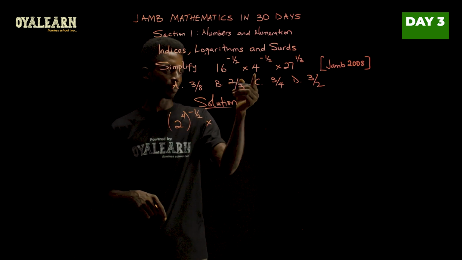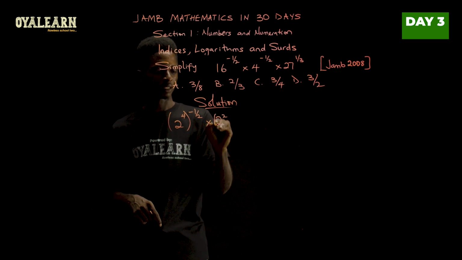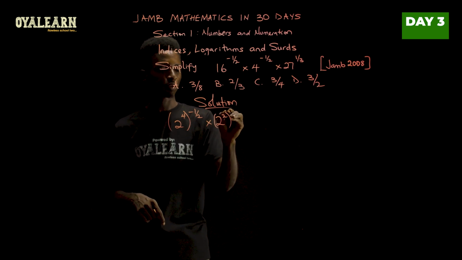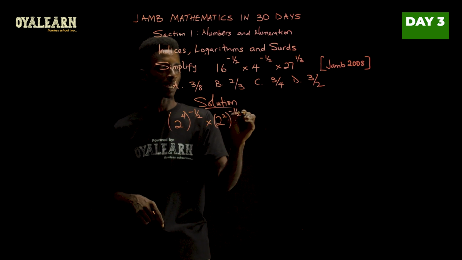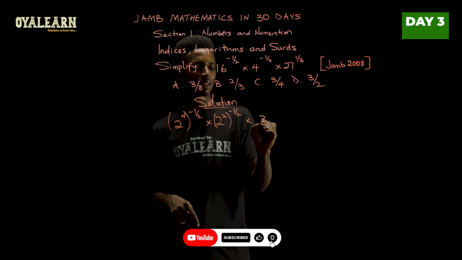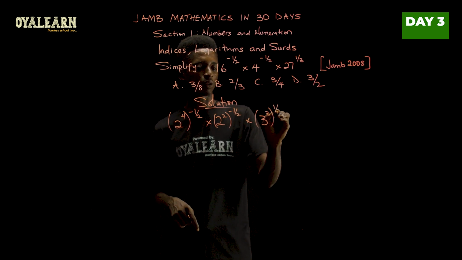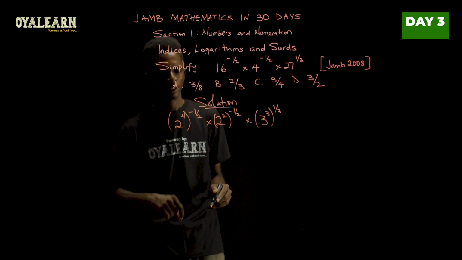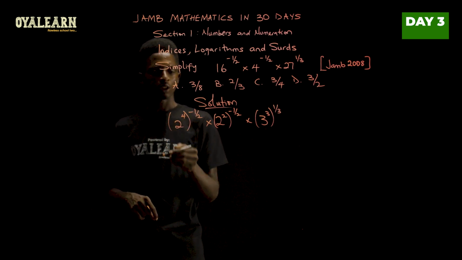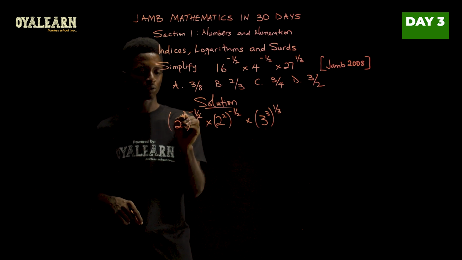Then we'll multiply this by 2 squared. Now 2 squared makes 4, so it still carries power of minus half. Then we'll multiply this by 27, which is 3 cubed, power of 1 over 3. Now when we consider this, we're going to see that this cancels out. 2 here 1, 2 here 2.